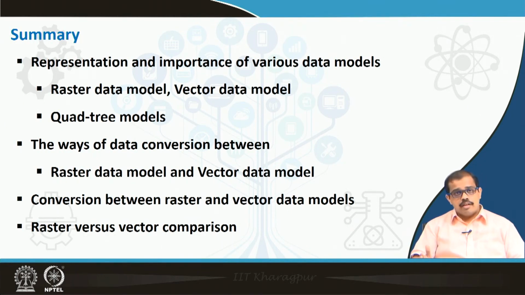So how does a quadtree work? First it divides the entire raster into 4 quadrants, then gets into a quadrant and divides it again into 4 quadrants, then gets into that quadrant and digs deep until it reaches a single pixel. So that is how a quadtree data model works.